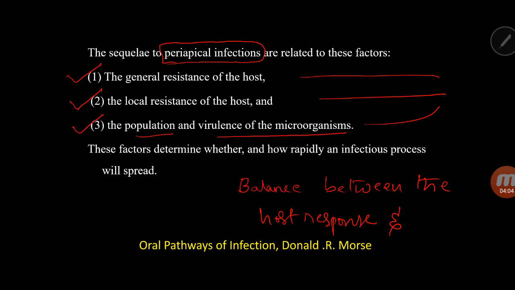These three factors play a role, and we need the balance. If the balance is proper, the disease will be in the chronic state. If not, it moves to the acute state. That's what it means.